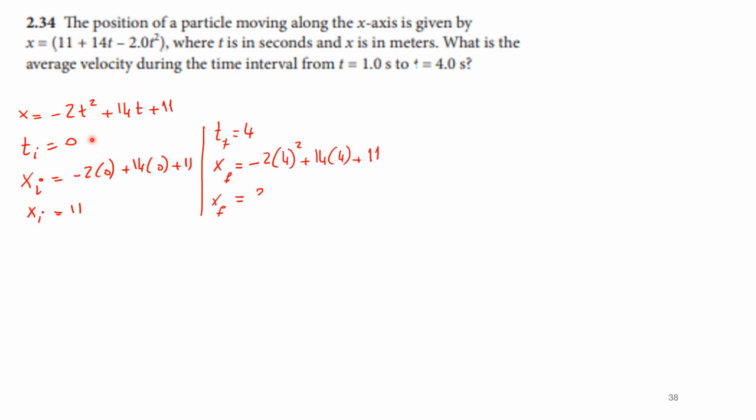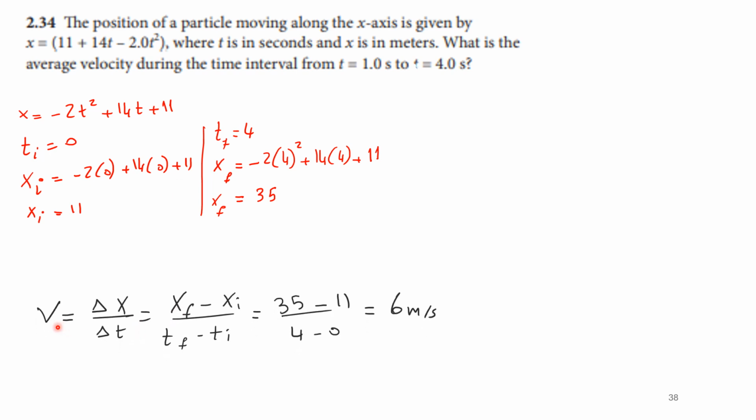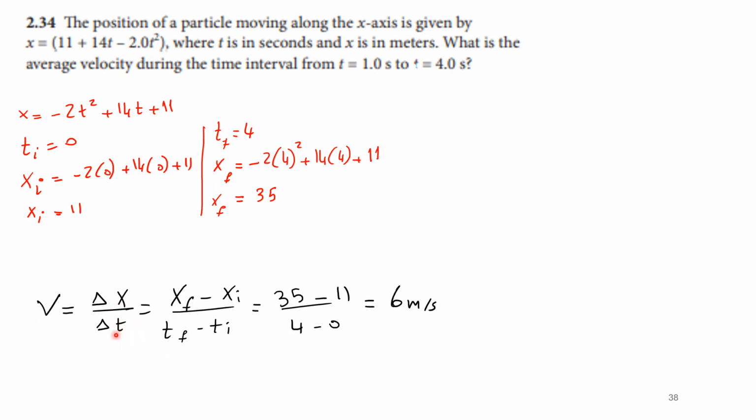But here we have a time limit between 0 and 4. We have values for the time, so we replace the time in the x function and then apply this equation, which is velocity equals delta x over delta t.